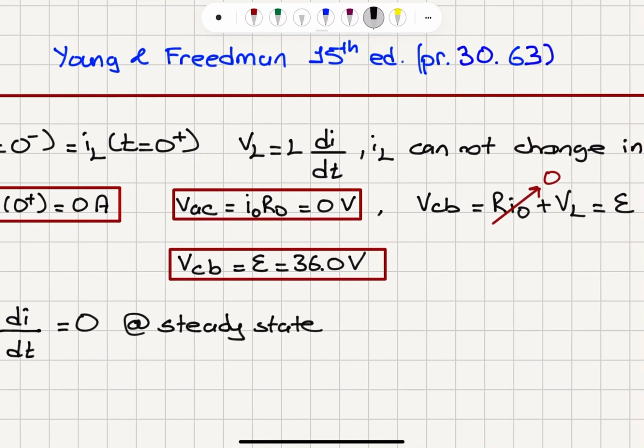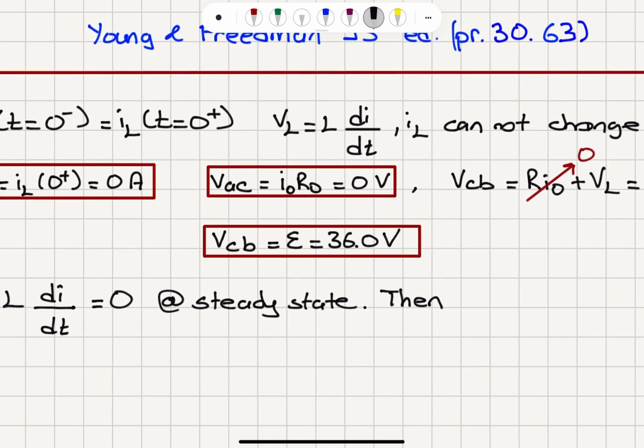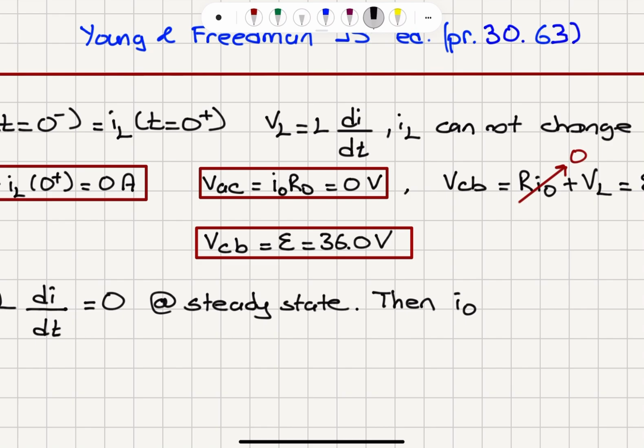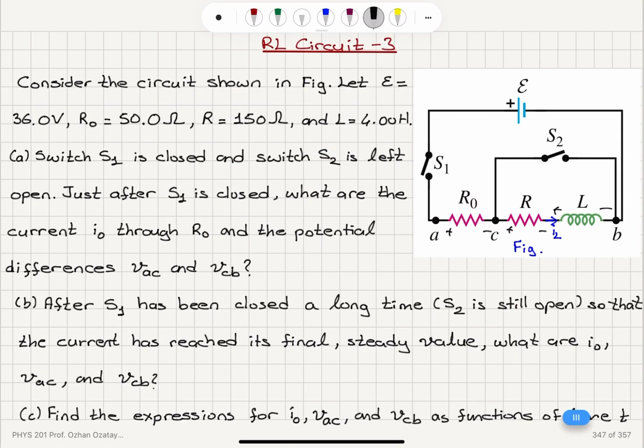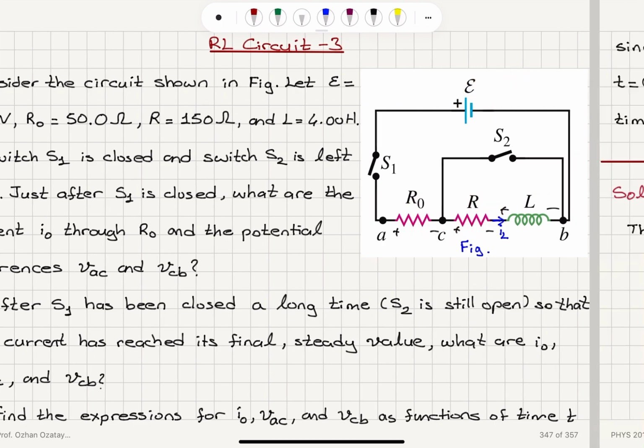Now, if there is no voltage drop across the inductor, then the current I0 will be due to the series combination of these two resistors R0 and R connected to this power supply.